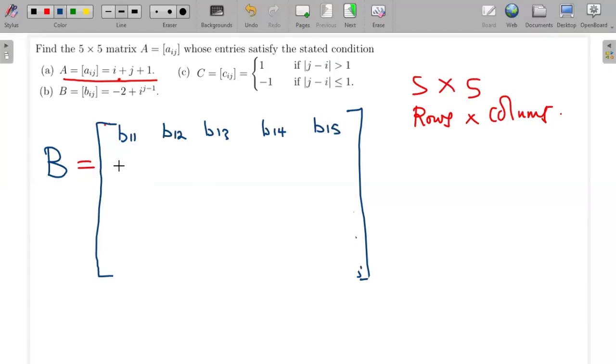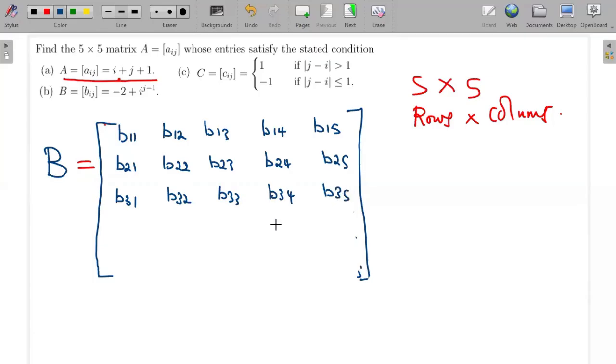Okay, next one will just be B21, B22, B23, B24, and then B25. And the next one will be B31, B32, B33, B34, and then B35.